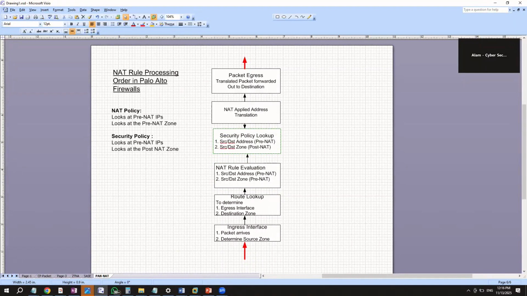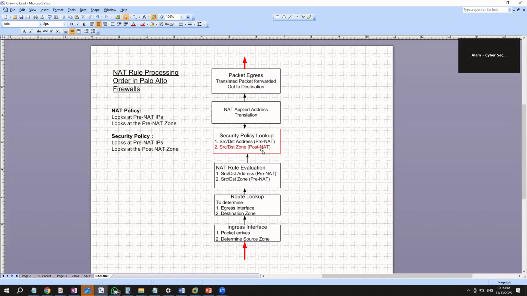Okay, so here it is a little bit more complicated because of the zones. So here what happens is, I'm going to make this red. Similar to NAT rule evaluation, in the security policy lookup, the source and destination addresses are pre-NAT, but it looks at the source and destination zones as post-NAT.